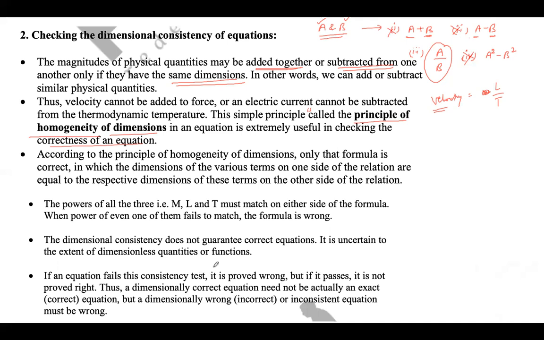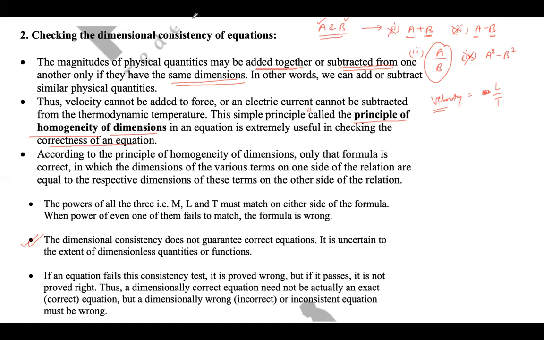So if an equation is given, you can also check the dimensional consistency of that equation. Whether an equation is correct or wrong can be checked by dimensional consistency. If the equation is not dimensionally consistent, that means it will not be correct. But even though it is dimensionally correct, it may be wrong also.